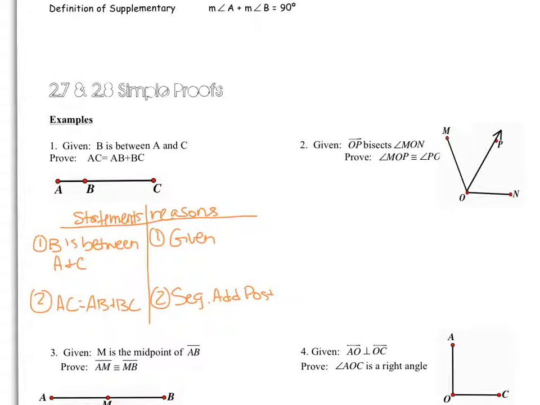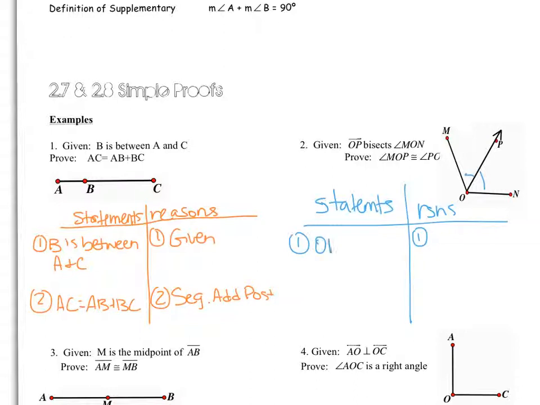Okay, OP bisects angle MON. So I'm going to go ahead and mark that. Now we will have to have a statement indicating that that's true. I spelled statements wrong, so I'm going to abbreviate reasons too.